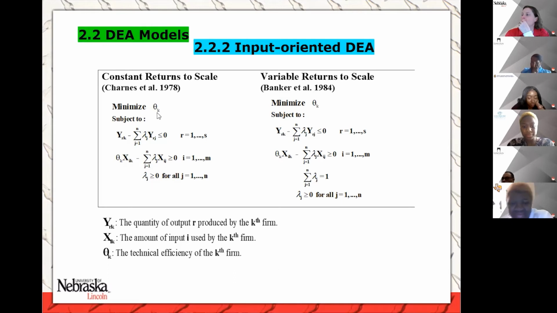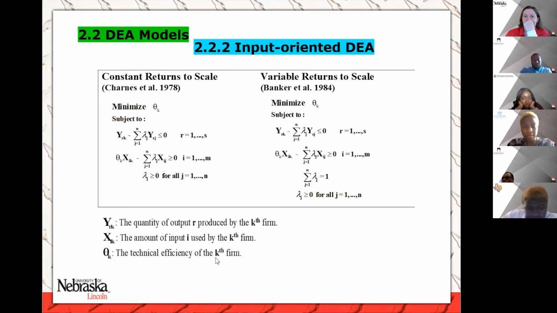And similarly, there are two options. We have constant return to scale and then variable return to scale. The difference is the last constraint. Here, all the weights should take on non-negative values, okay? And then for the variable return to scale, the weights should sum up to 1, okay? And then thetas are technical efficiency.